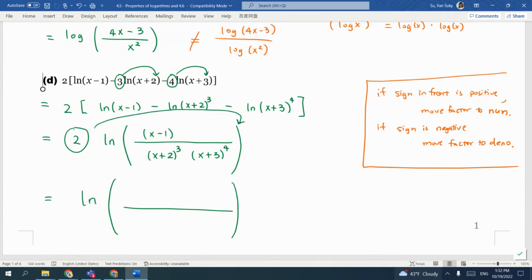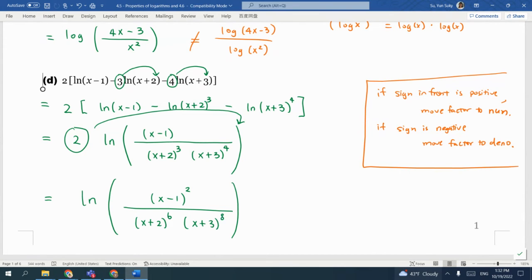Yes, distribute the exponents. And this guy to the power what? 8. Yeah, very good. So (x minus 1) squared, (x plus 2) to the 6, (x plus 3) to the 4. Sorry, to the 8. Thank you.